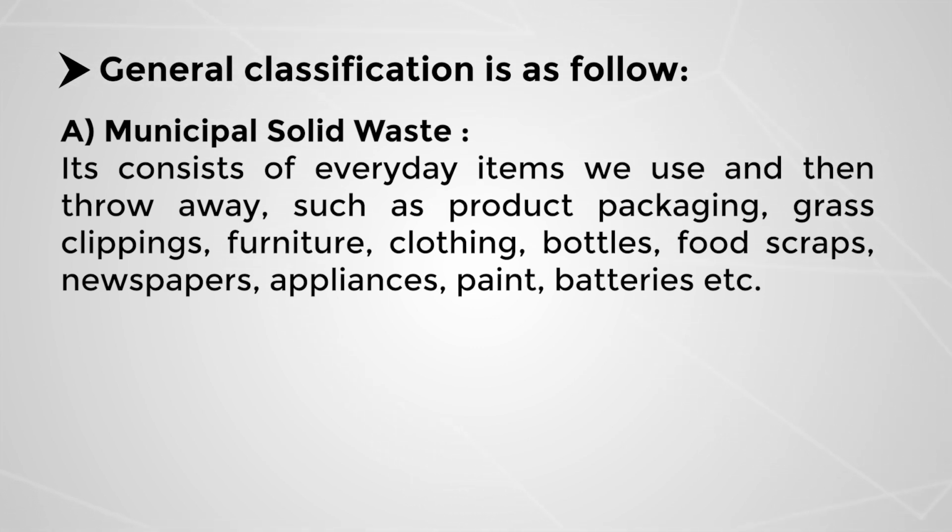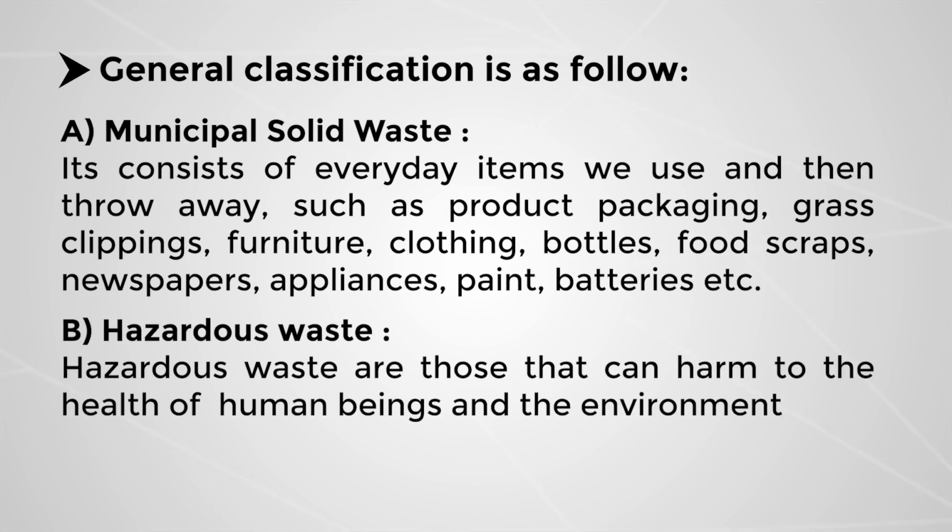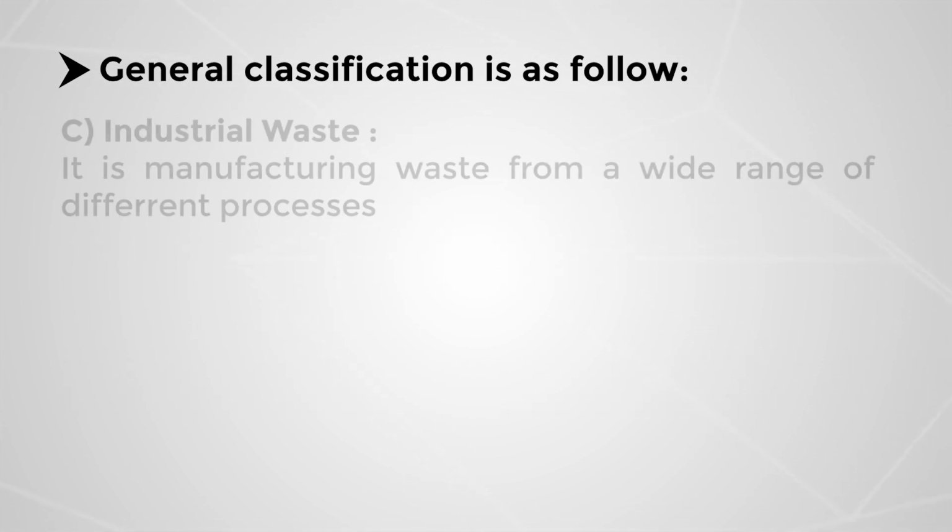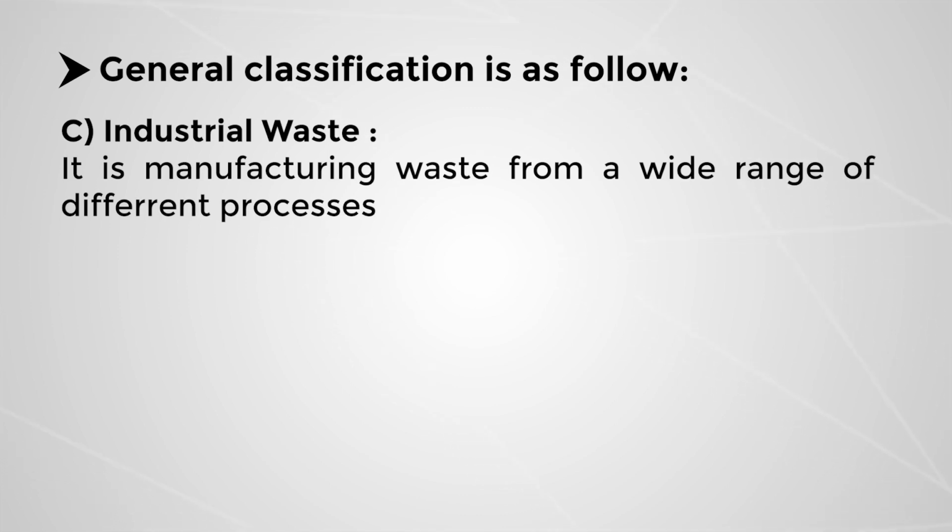These are a few products. Under the category of hazardous waste, this category includes items that are very harmful for the health of human beings and also for the natural environment. Industrial waste is manufacturing waste from a wide range of different processes.